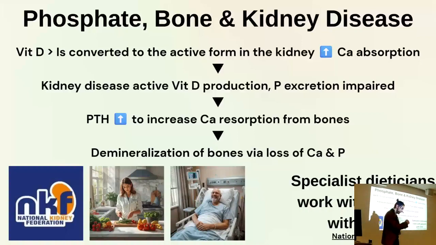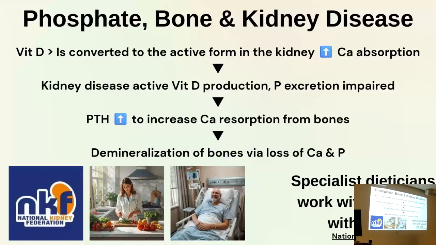I've only got this brief slide here on phosphate, but where we can see issues with phosphate is in kidney disease. Once your kidney function drops to around 40%, then we've got some issues.